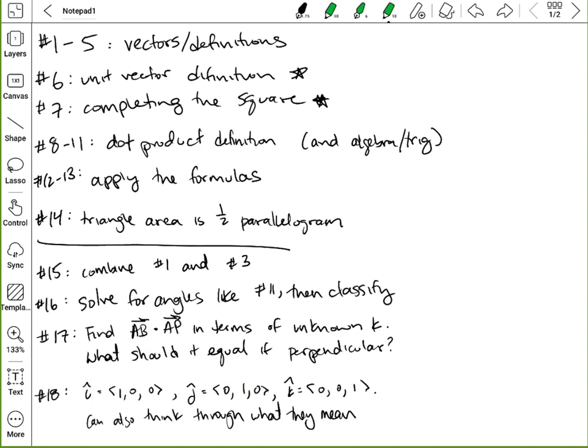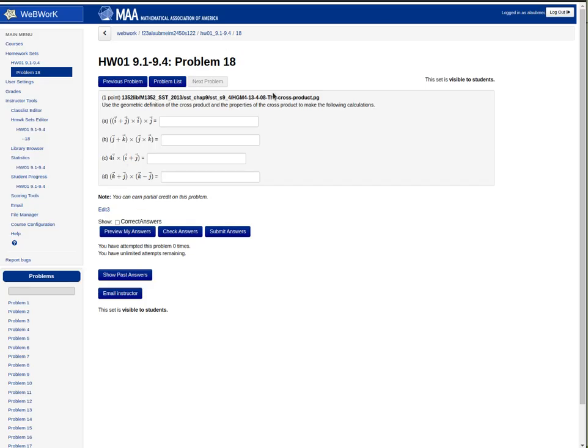These are like unit vectors in the x, y, and z directions. And so you could go ahead and just manually solve all these things knowing that. You could also think through, based on what you know of the geometric or trig properties of the angles you saw between vectors. If i, j, and k are all perpendicular to each other, what should you get from their cross products?